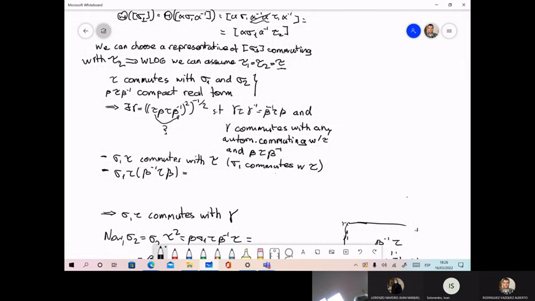So sigma 1 tau should be beta minus 1 sigma 2 tau beta minus 1 tau beta, and this is identity, and then we have that this is beta minus 1 sigma 2 tau beta.